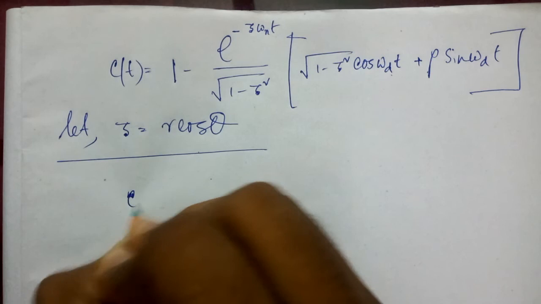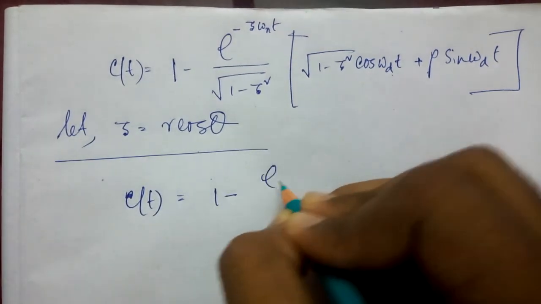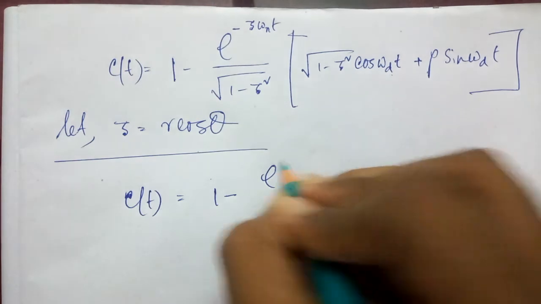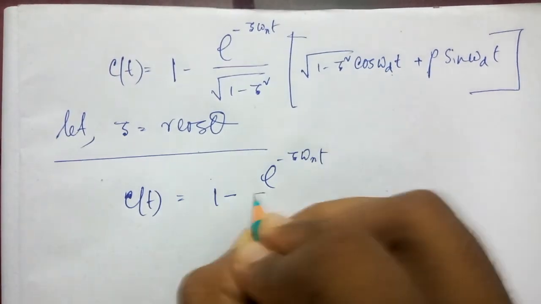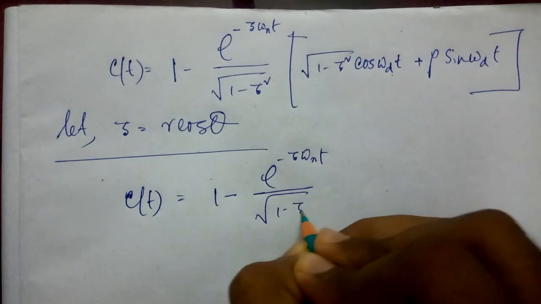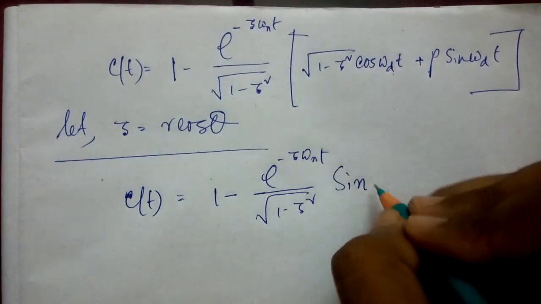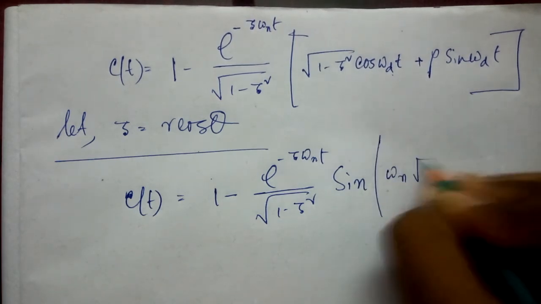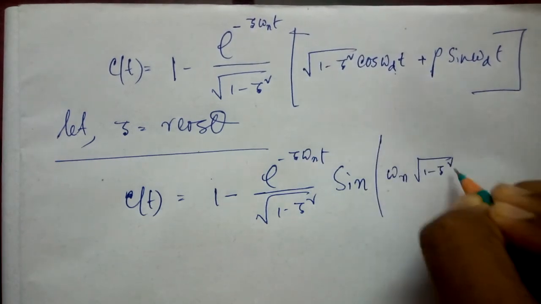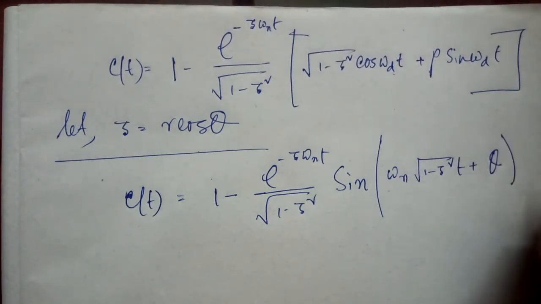Taking this, we can write C(t) as 1 minus e to the power minus zeta omega n t by root over 1 minus zeta square, sine of omega n root over 1 minus zeta square t plus theta.